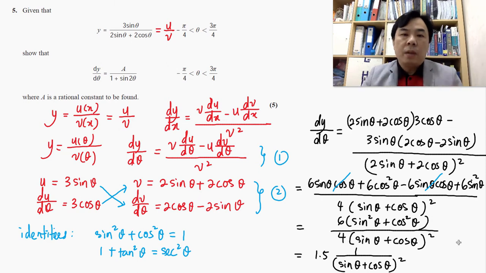Okay, so we are almost there. You can compare this with this. I'm going to pause here for a while for you to go through the process step by step before I finalize the proof here.